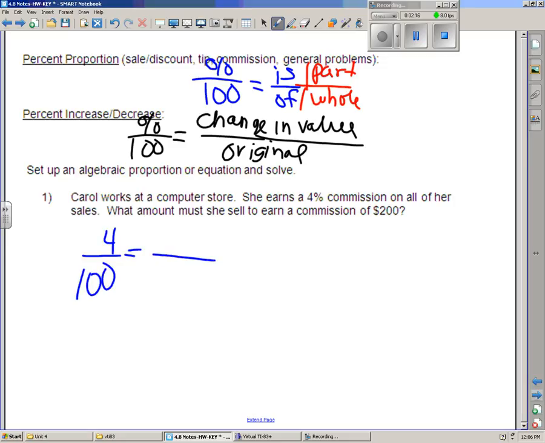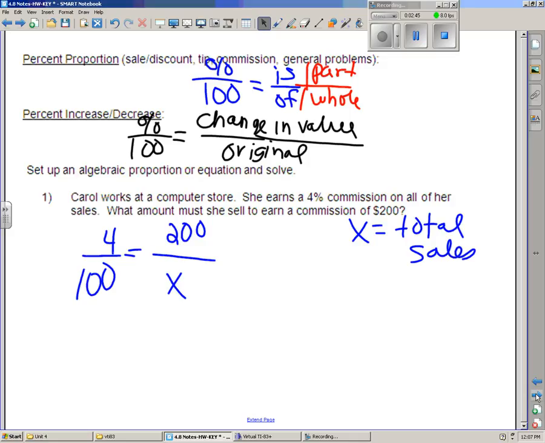And then we say, okay, well, what must she sell if she earns a $200 commission? So the $200 is the commission that she earned of what total sales? Maybe you want to kind of put off to the side that x equals total sales because we're trying to figure out how much she must have sold to get the commission. Commission is a part of what you sell, so your commission will always be less than what you've sold in total.